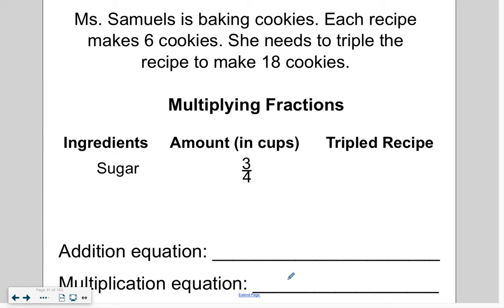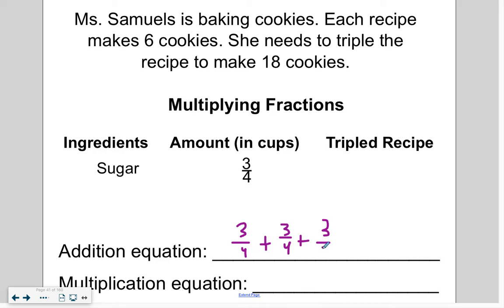So in my cookie recipe, when I was making 6 cookies and I wanted to triple it to make 18 cookies, if I wanted to figure out how much sugar I needed, I could either add 3/4 plus 3/4 plus 3/4.